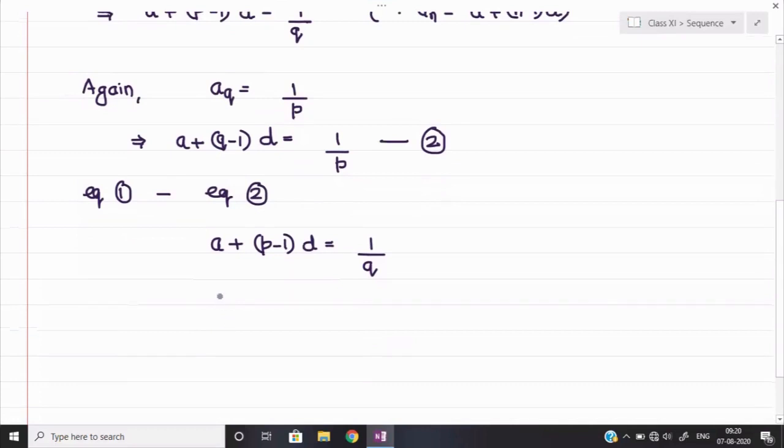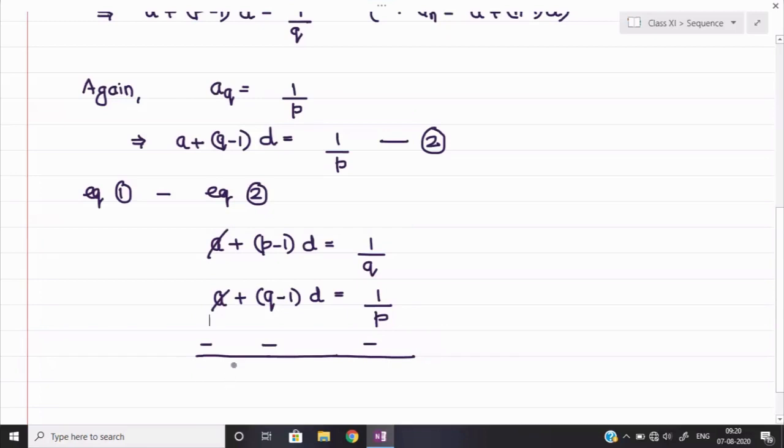A plus (Q minus 1) into D is equal to 1 upon P. Now let us subtract. This is minus, minus, and this one is also minus. You observe the sign of the second A has changed, so this A and this A will be cancelled.